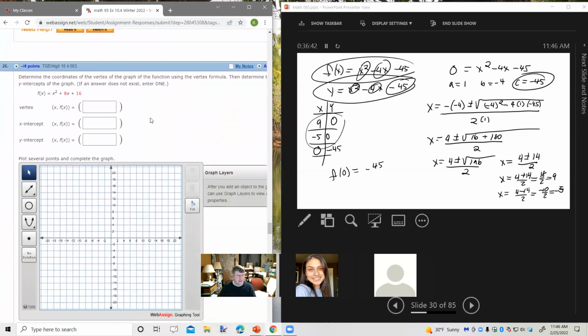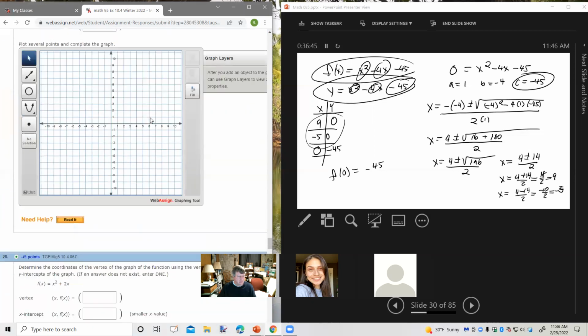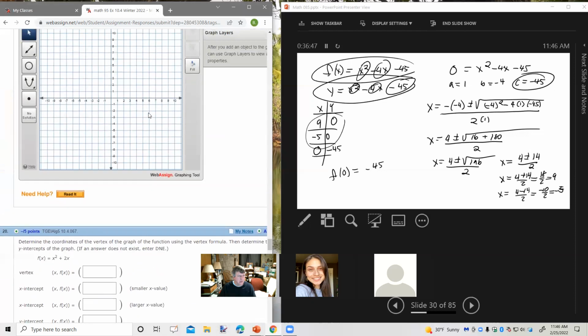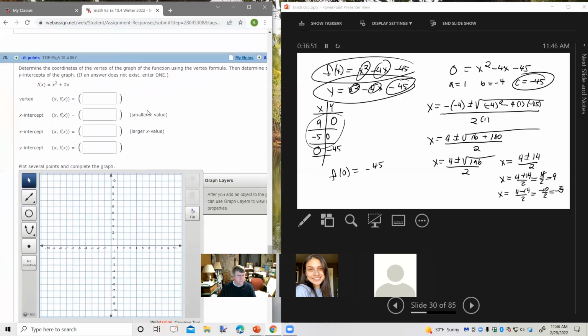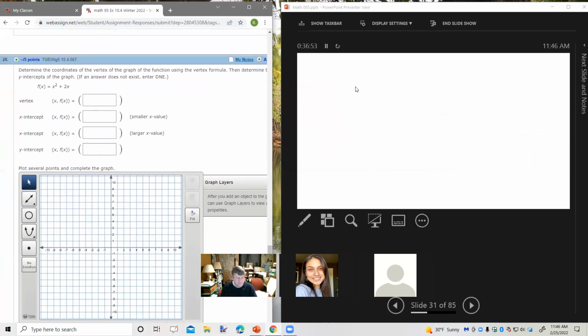Let's take a look at, let's see, let's find one. Let's do this one here. Okay. So we've got f of x equals x squared plus 2x. So for this problem, a is 1, b is 2, and c is 0, isn't it?